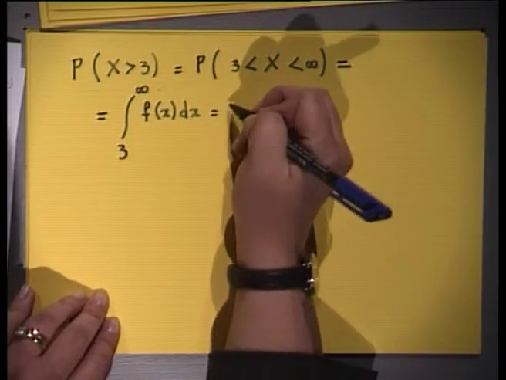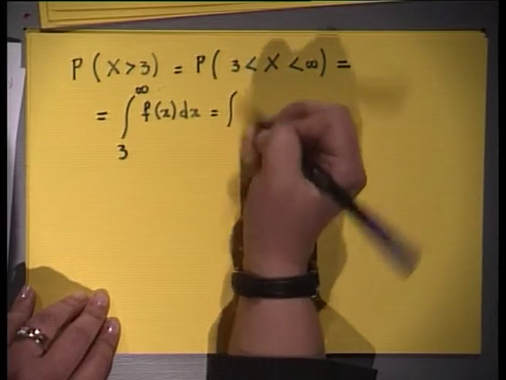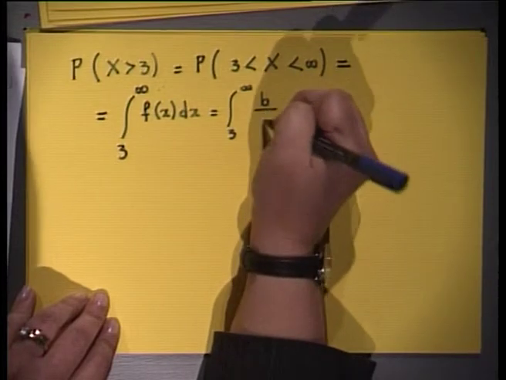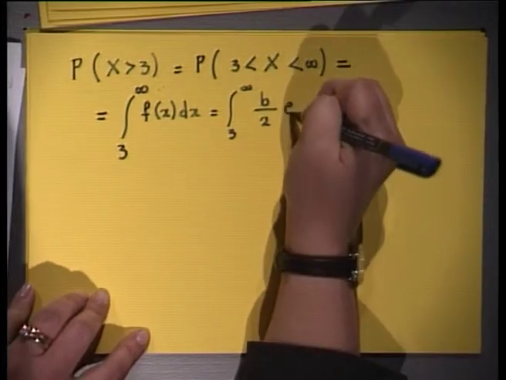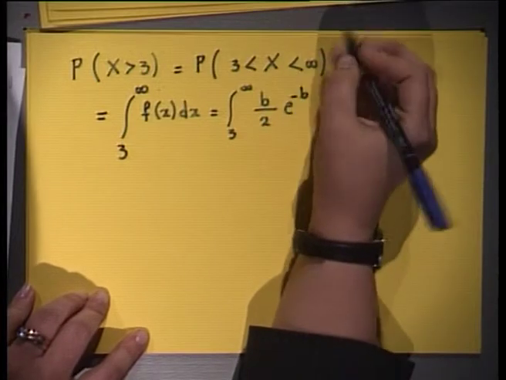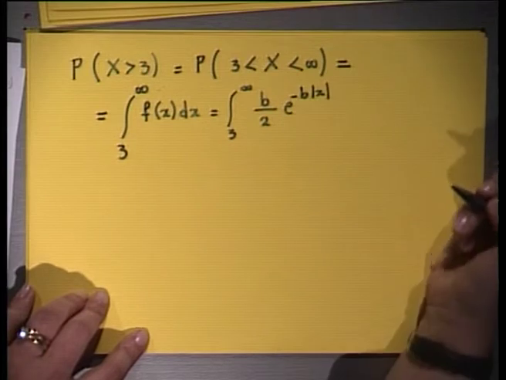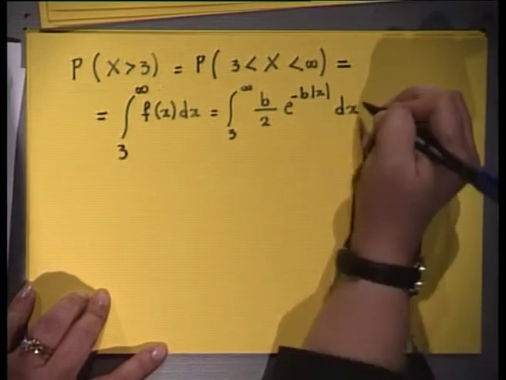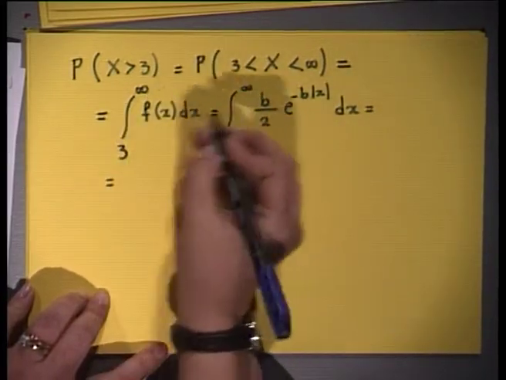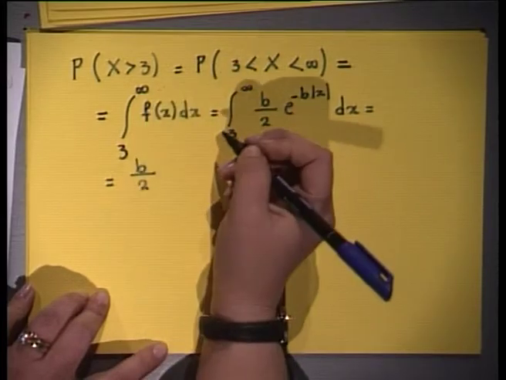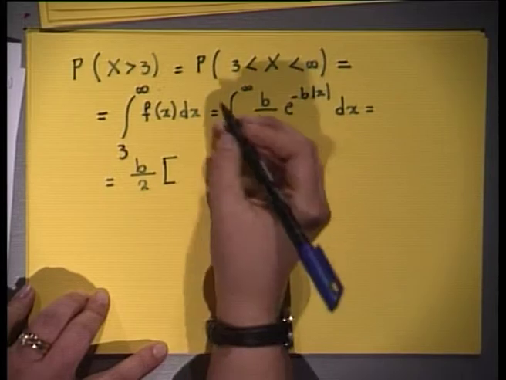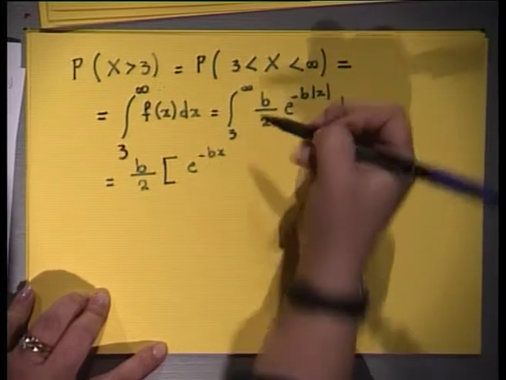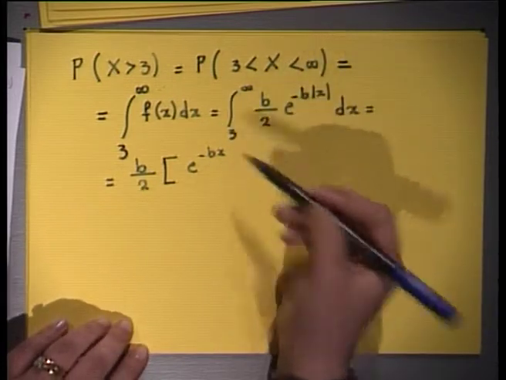Again, we can calculate this integral, which is going to be b over 2 of e to the minus b absolute value of x dx from 3 to infinity. This b over 2 can be taken out of the integral.